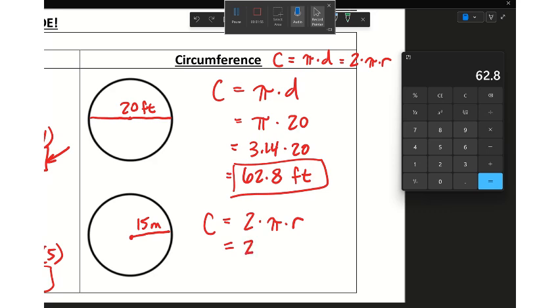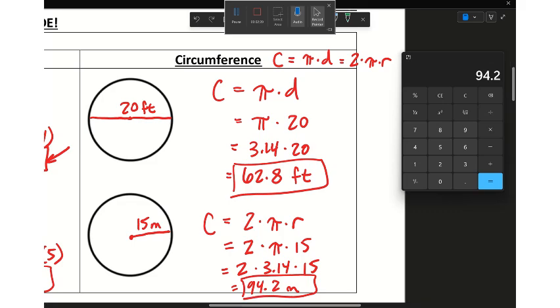So this turns into 2 times pi times 15. And in my calculator, I'm going to plug in 2 times 3.14, which is pi, times 15. And 2 times 3.14 times 15 gives me 94.2 meters. So again, we don't square our units in this case because we're dealing with circumference.